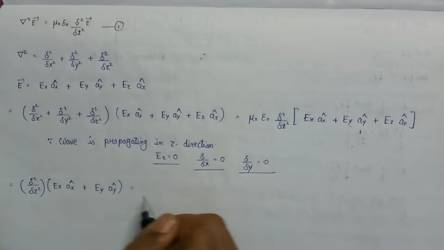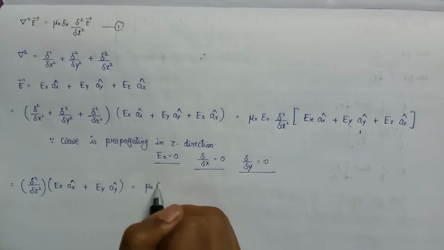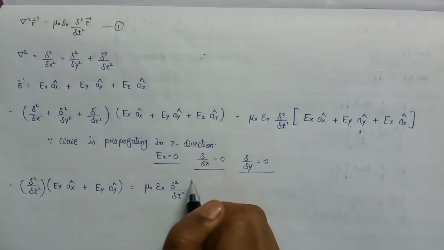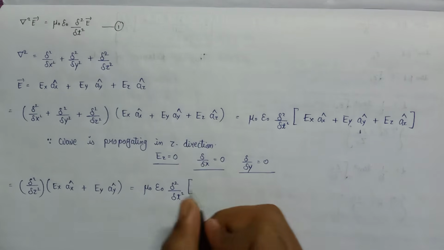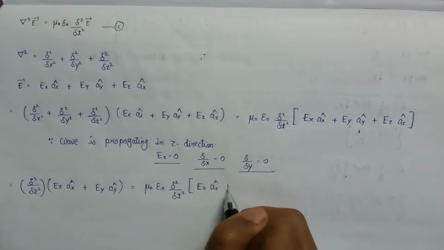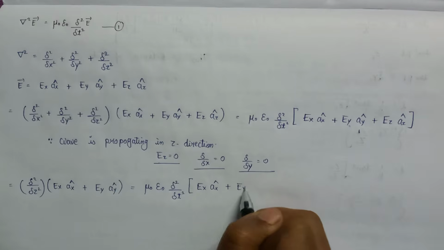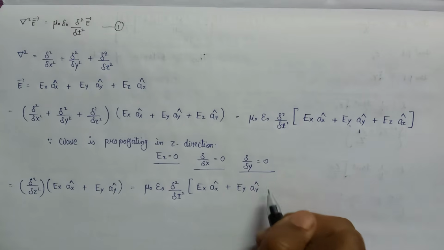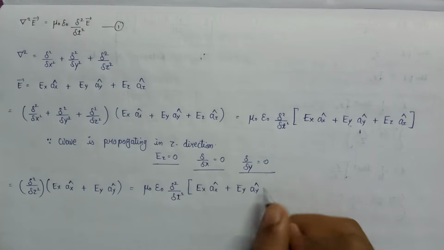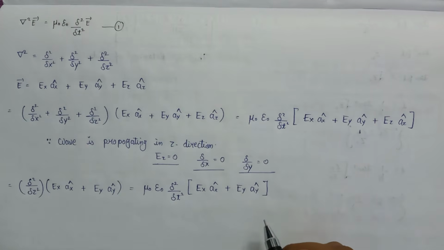This is equal to mu 0 epsilon 0 del 2 over del t square of Ex Ax cap plus Ey Ay cap, and since Ez is equal to 0 only, we ignore this term. So this is the modified expression.